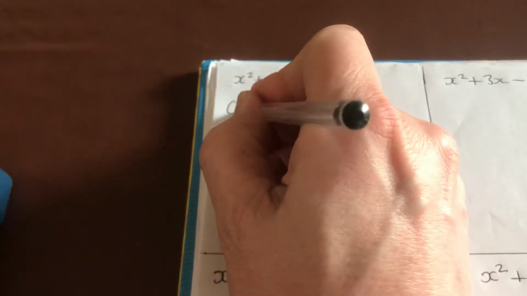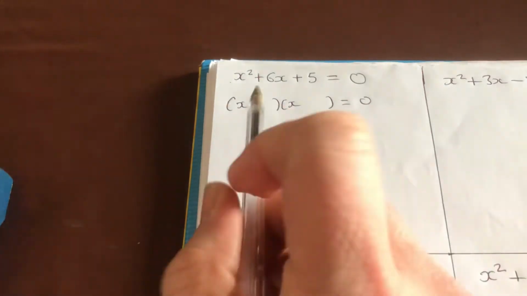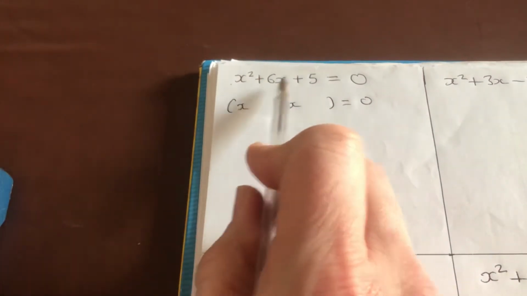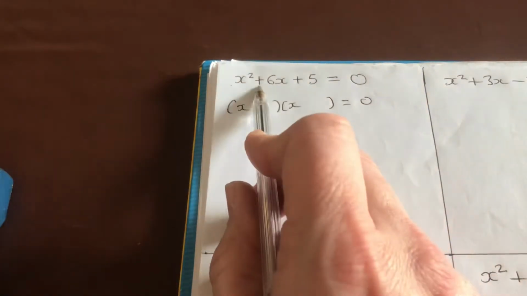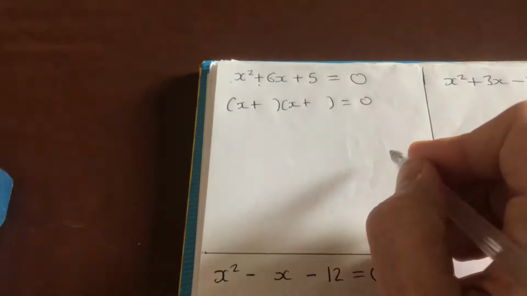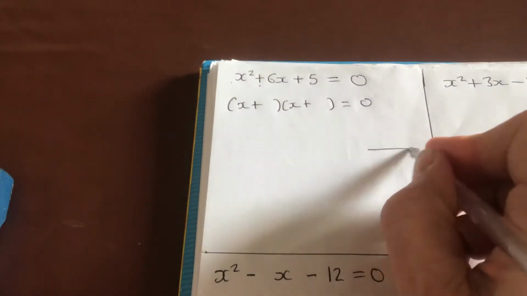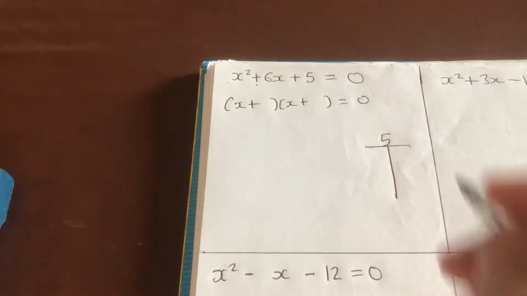When we factorise, we put the quadratic into two brackets. That is when we've got x squared, something x plus a number. Now I know, because that's a plus and that's a plus, both of these are going to be pluses. Then my next task is to think of numbers that multiply to make 5.